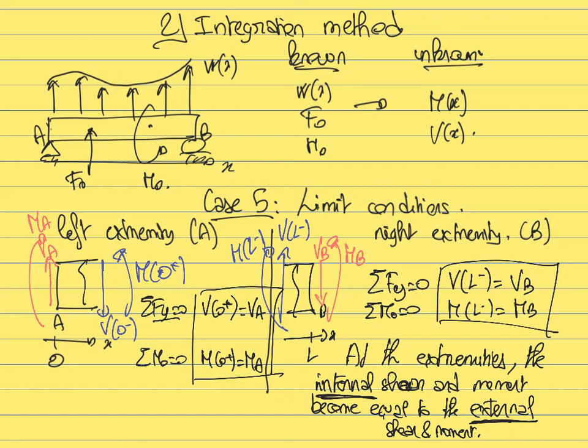On the other hand, what it also means is that if you have a free extremity, so just an extremity like this or like this, which is not attached to a support, and there is no external load and no external moment applied at this point, then, since the internal shear and internal moment become equal to the external shear and external moment, and those are equal to 0, necessarily at this point the internal shear and the internal moment will both be equal to 0.